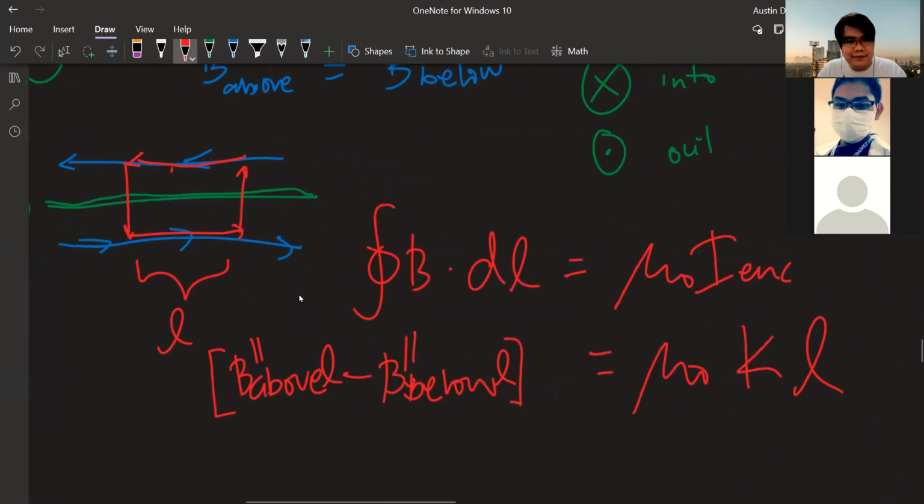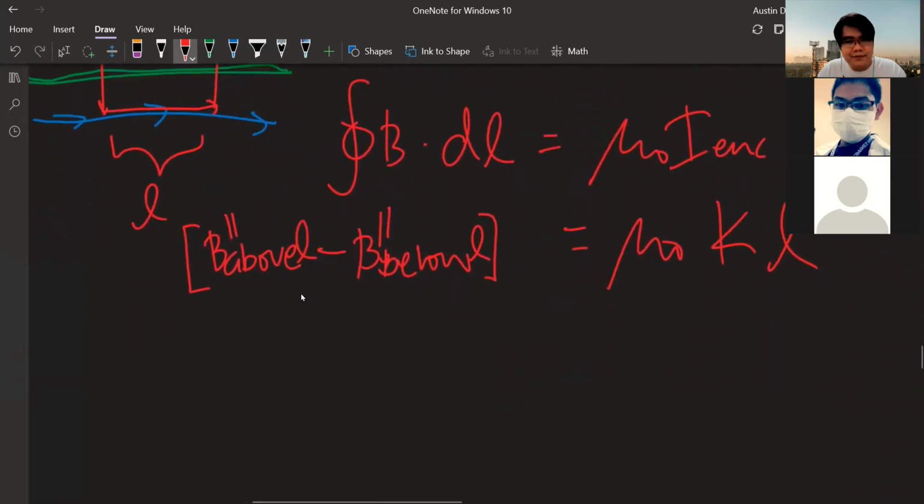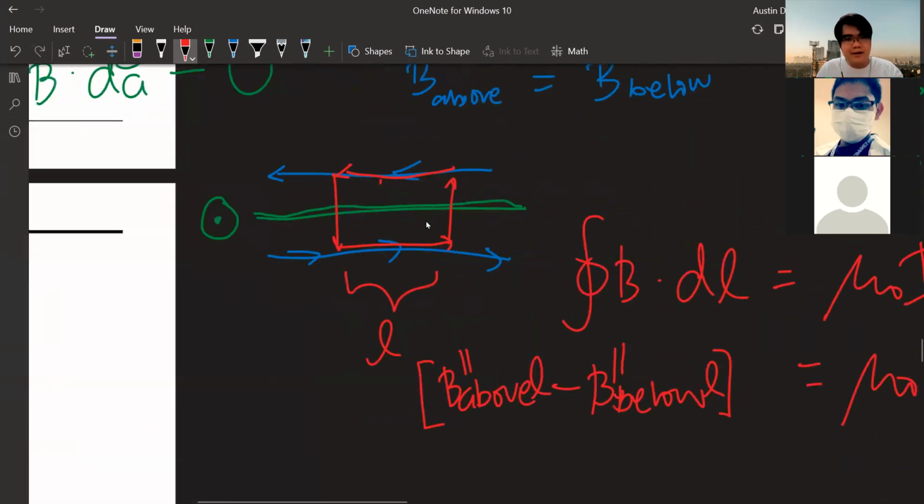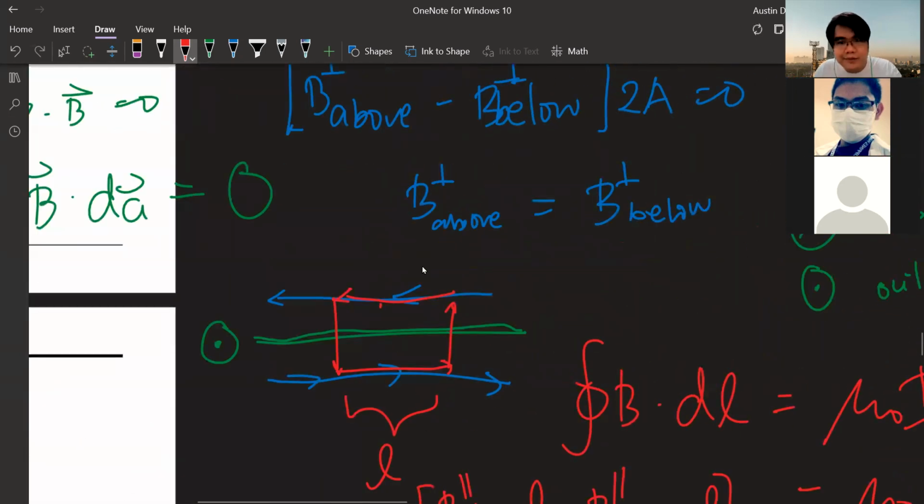Bakit natin hiniwalay yung dalawang L? Kasi? Bakit nga ba?